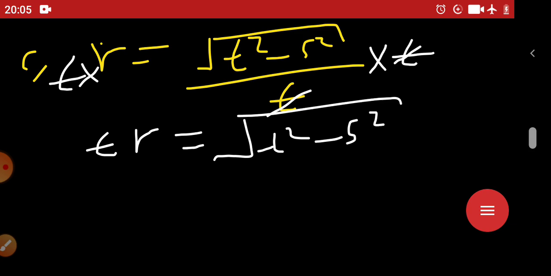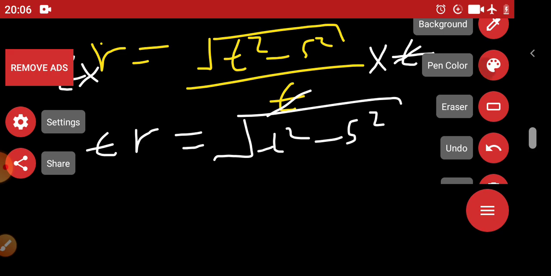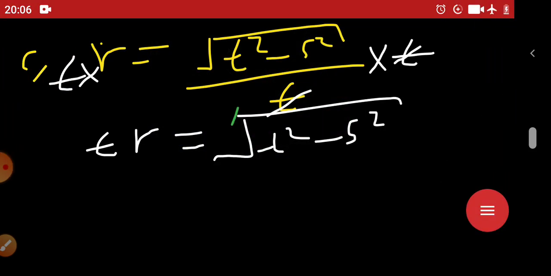A convenient way now is to remove this square root. How do you remove the square root? You remove it by the power of 2, so we need to square both sides. We need to make these terms power of 2.